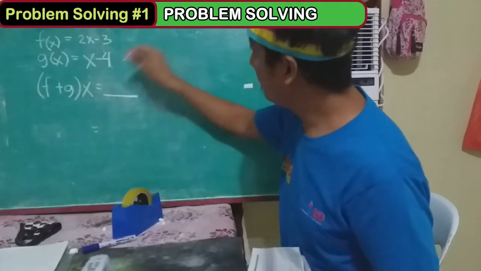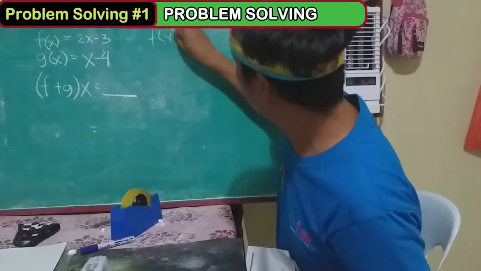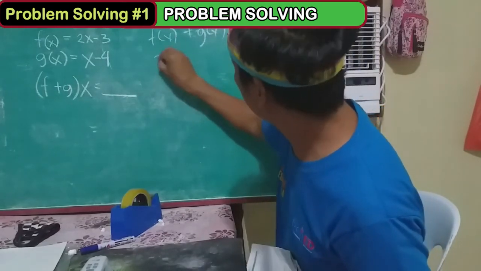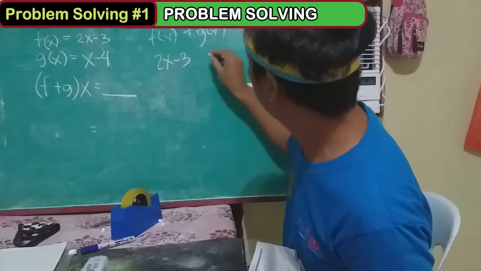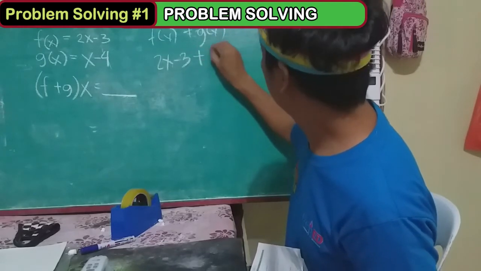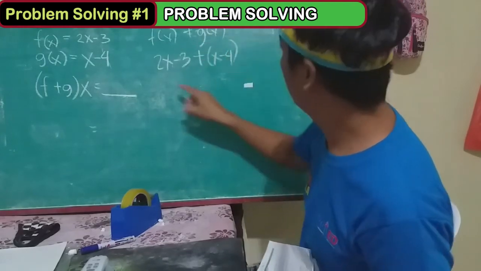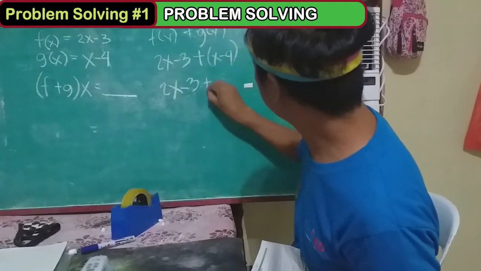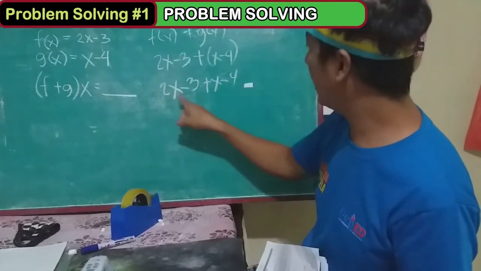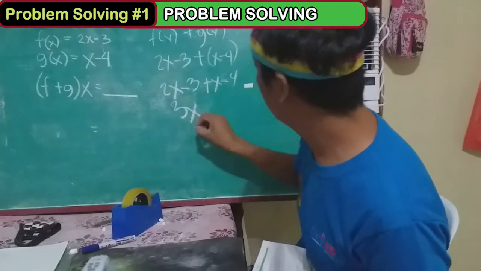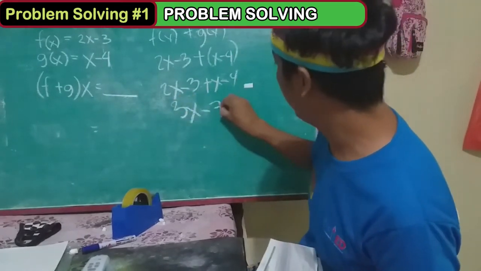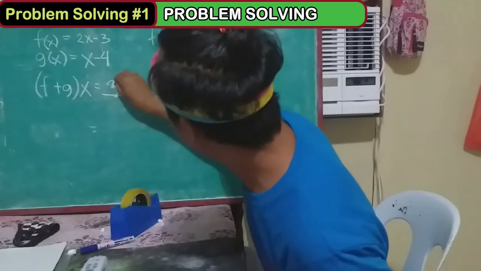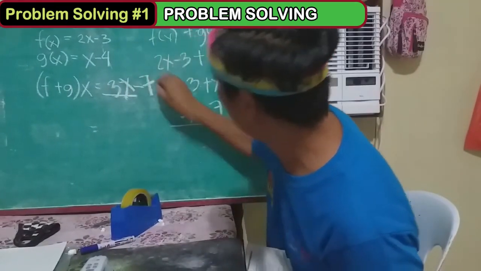So, simply, f of x plus g of x. 2x minus 3 plus x minus 4. 2x tsaka x, 3x. Minus 3 tsaka minus 4, minus 7. So, f plus g of x is equal to 3x minus 7.